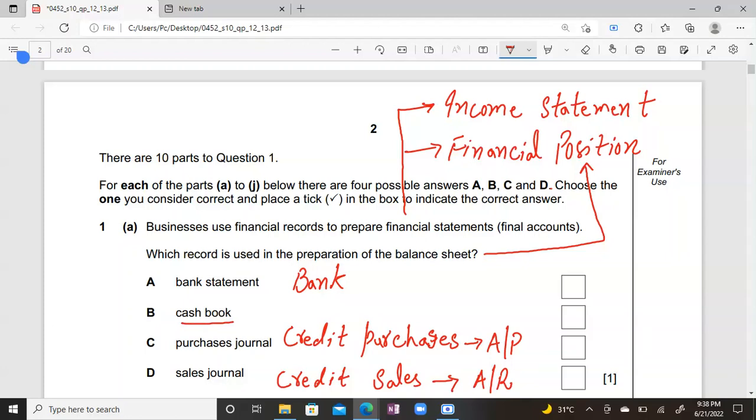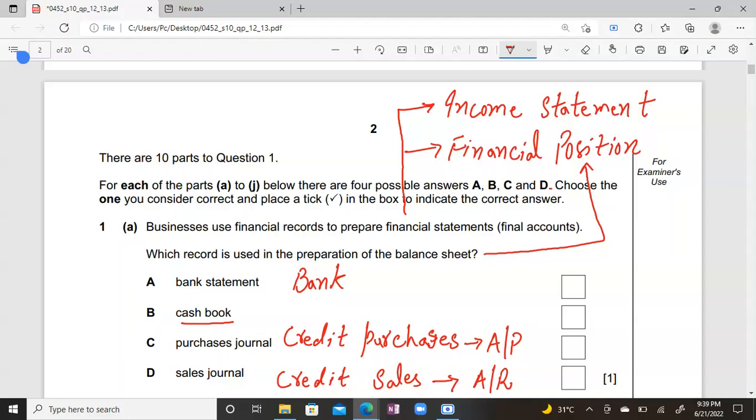And you know that when we are preparing the three column cash book, we have discount allowed, cash, and bank on the debit side, and similarly discount received, cash and bank on the credit side. So the cash book gives us more information from which we can make our balance sheet.